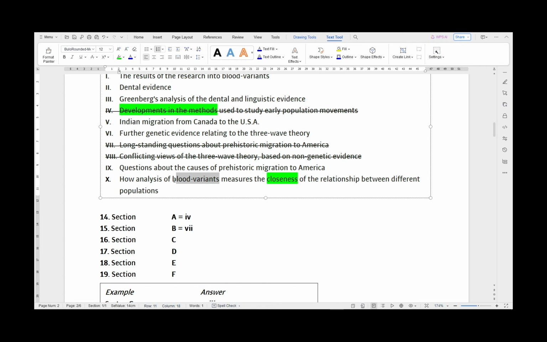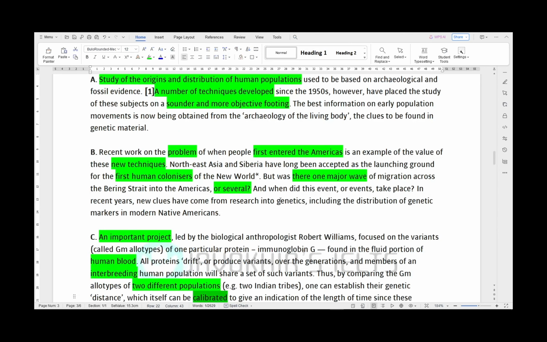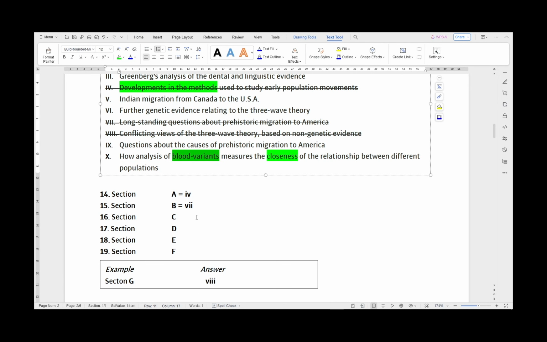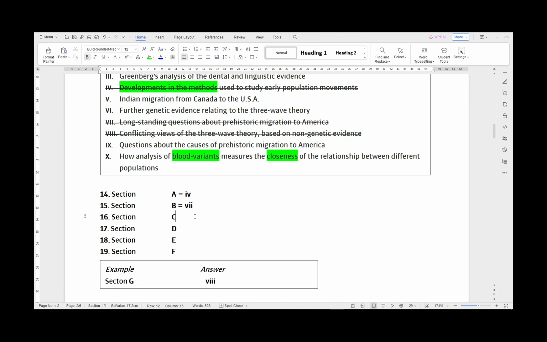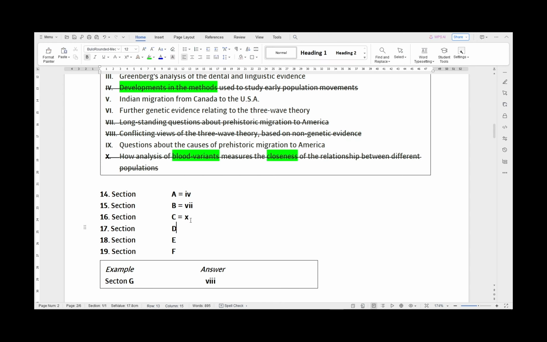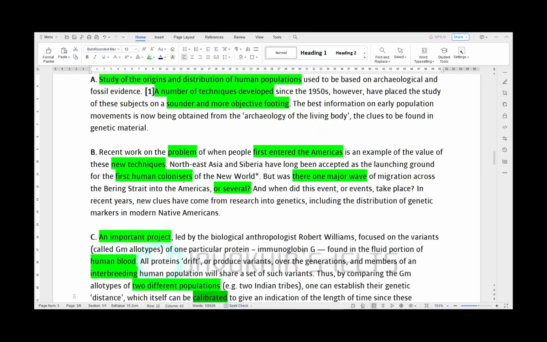We have the blood variants and the relationship between two different populations. Necessarily, of course, yes, the different populations are two Indian tribes. So yeah, option D is going to be the answer. So we're going to take that and put it there, and we're going to remove it as well, so we're not getting distracted. So once again, D.